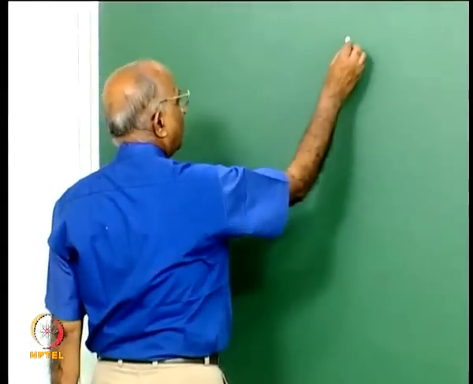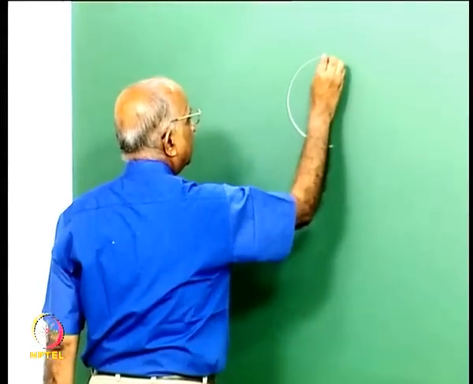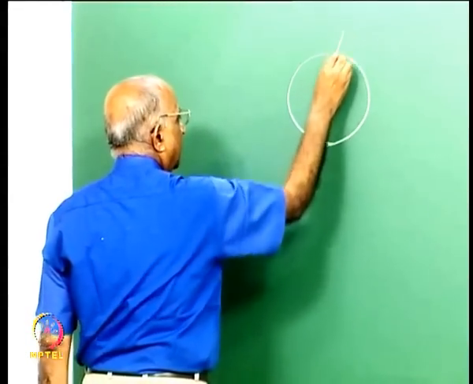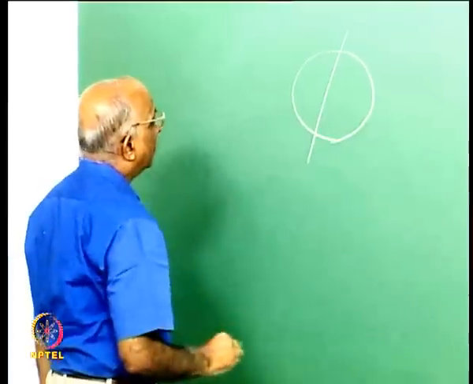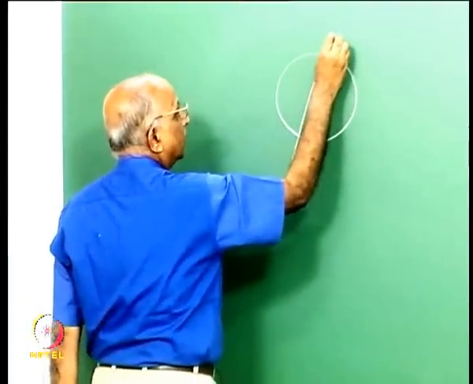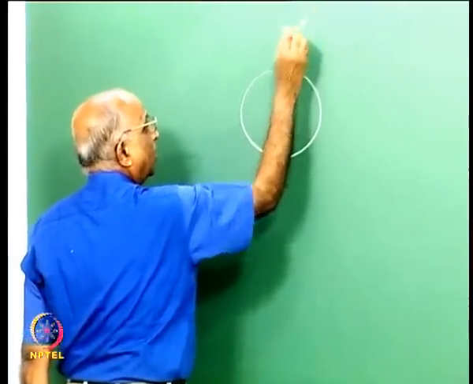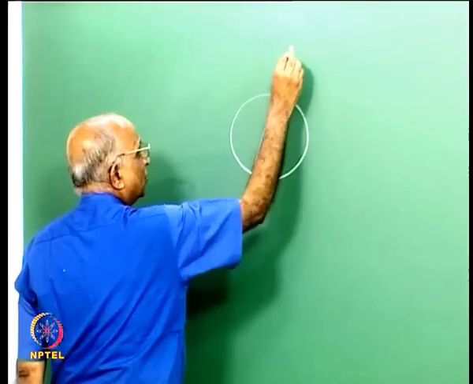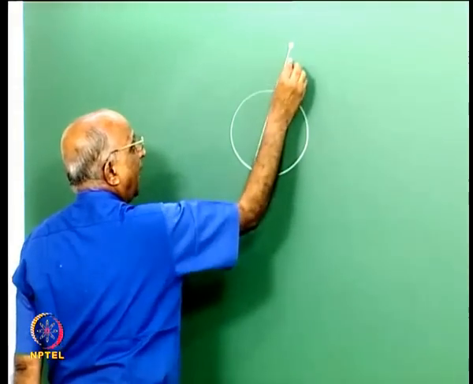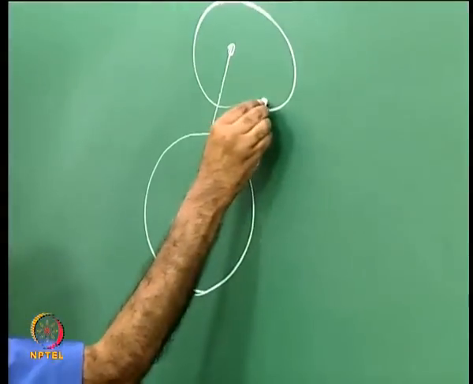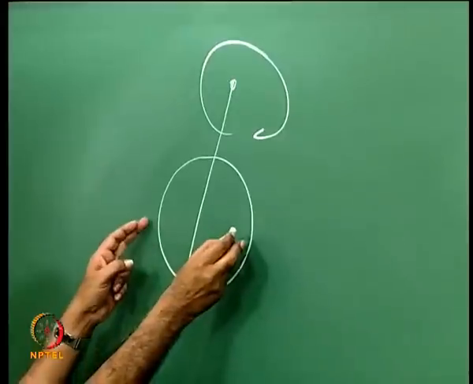We showed the earth over here. The earth rotates on its axis, and when the body or the satellite moves with respect to the earth, the rotation of the body with respect to the earth is the same.